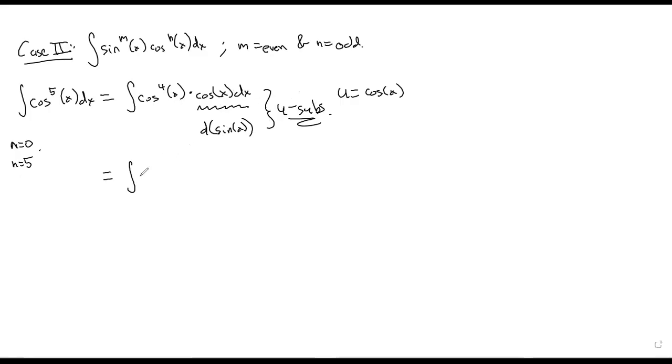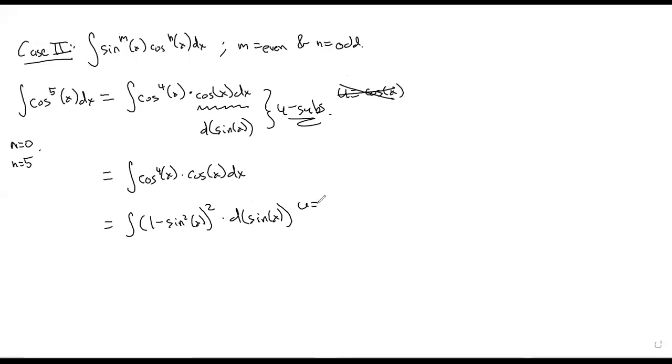So we have cosine to the fourth times cosine x dx. We're going to set this up as the quantity 1 minus sine squared x, squared, times the derivative of sine x.